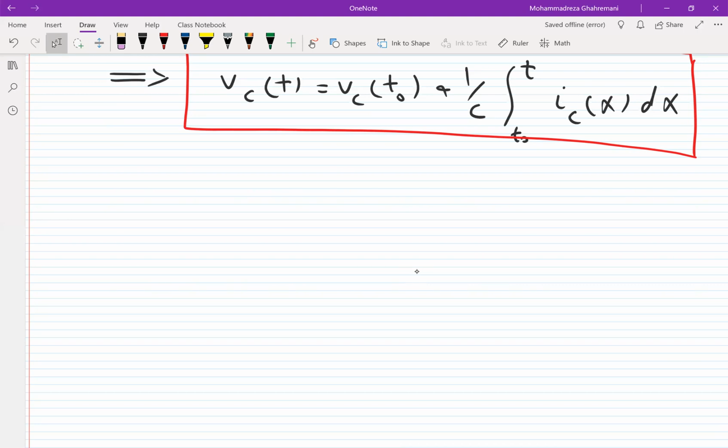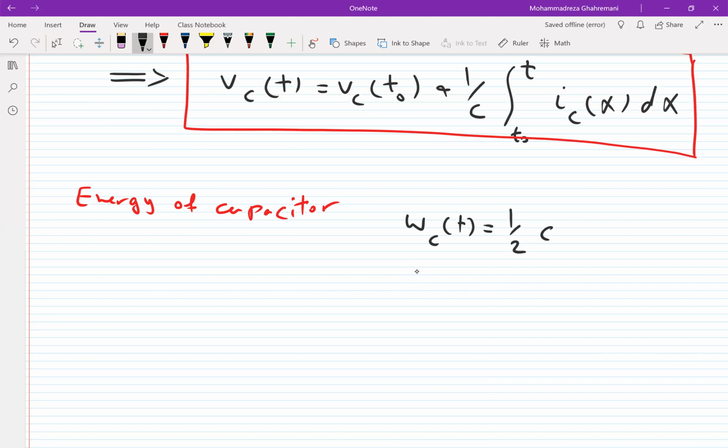What about the energy? The energy of a capacitor can be found using this equation: Wc(t) is equal to 1/2 C times voltage squared.